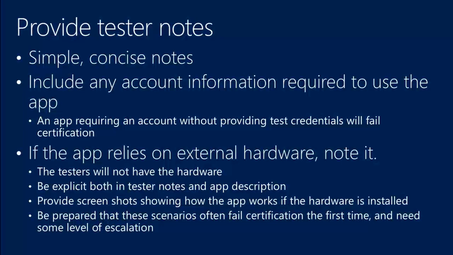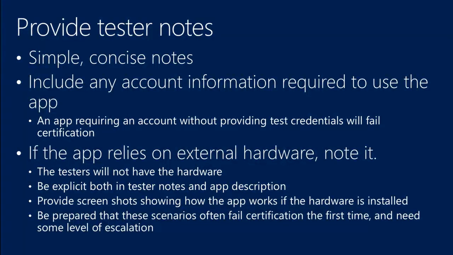All right. If the app relies on external hardware, you need to note that. So there are some apps that might rely on a specific type of printer or a specific type of device. For example, I built an app that I use to remote control a robot. Any of you here .NET Micro Framework fans, like Gadgeteer, stuff like that? Cool, some folks in the back. So I built a little app that uses Wi-Fi to control the robot. Now, if you don't have that robot, this app is not doing a whole lot of anything useful for you.